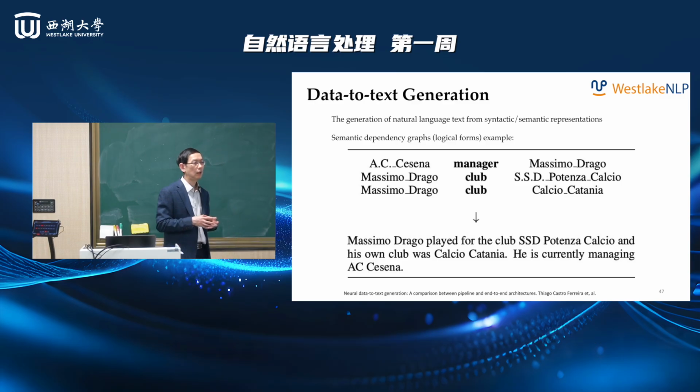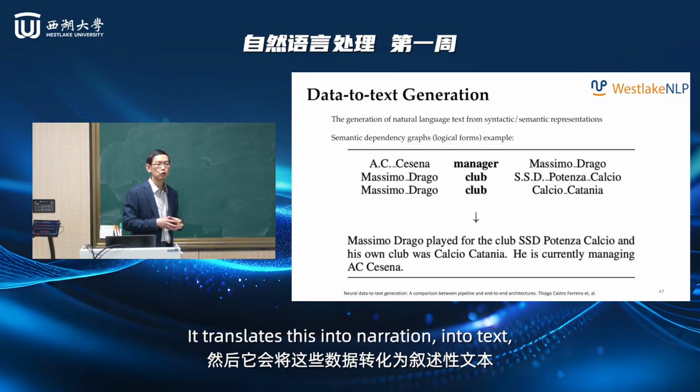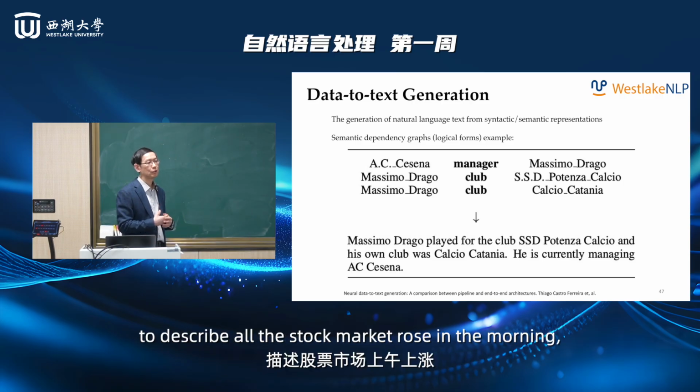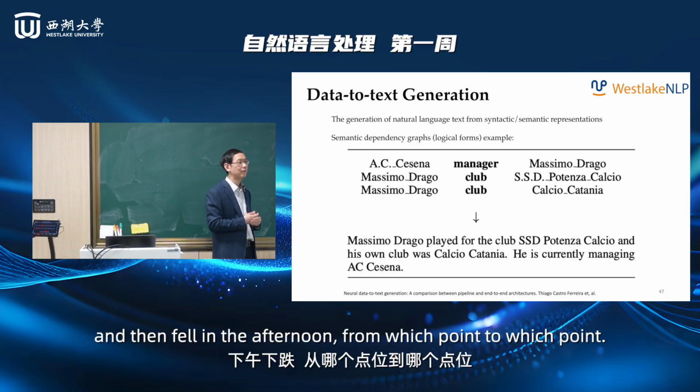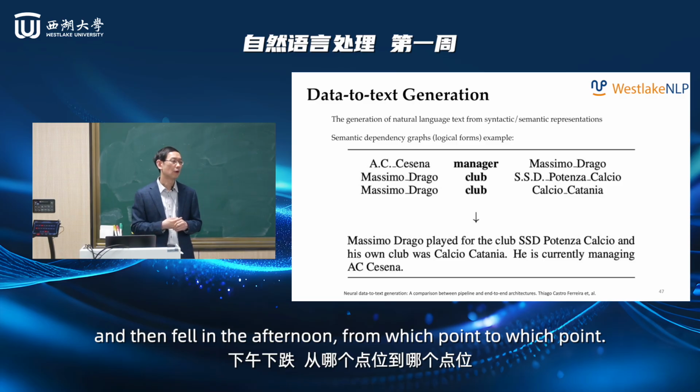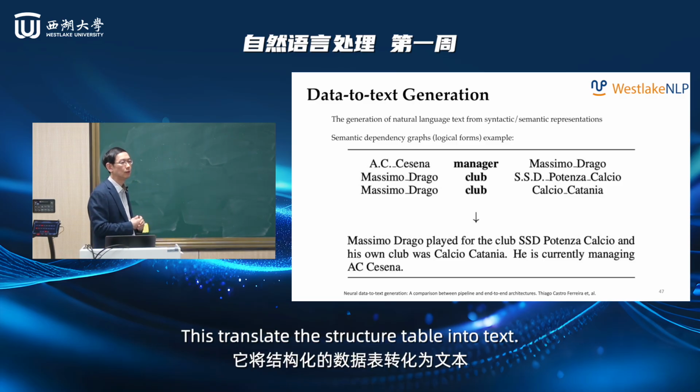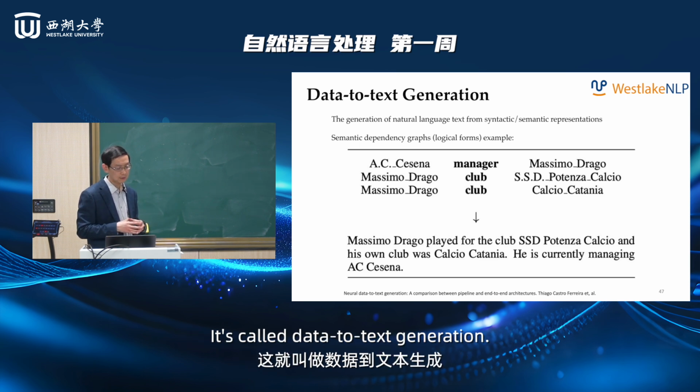And it translates this into narration, into text, to describe, oh, the stock market rose in the morning, and then fell in the afternoon, from which point to which point. So this translates the structured table into text. It's called data-to-text generation.